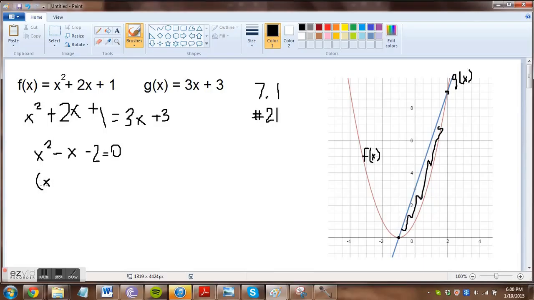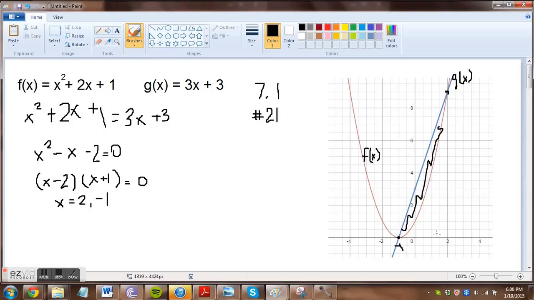And then we get x squared minus x minus 2 equal to 0. And we get x minus 2 times x plus 1 is equal to 0.